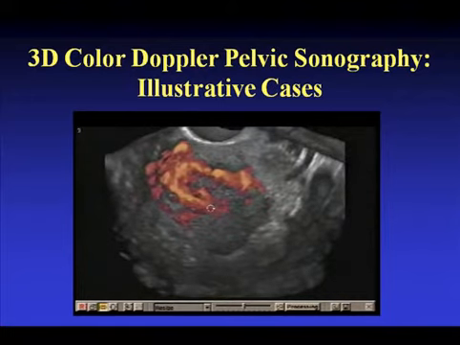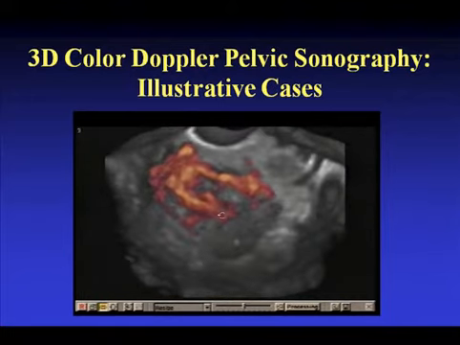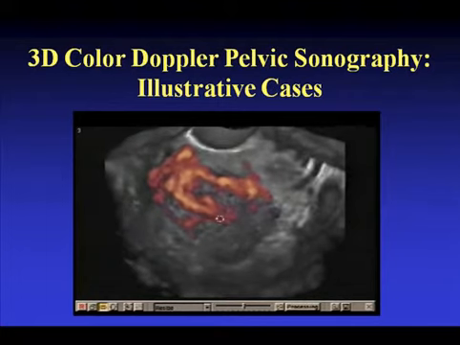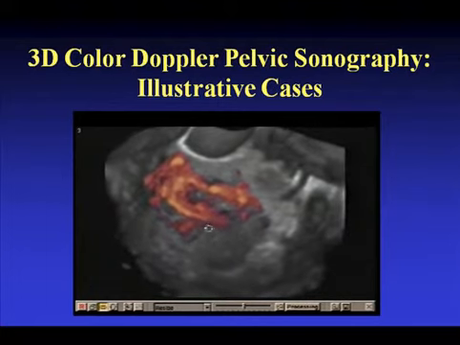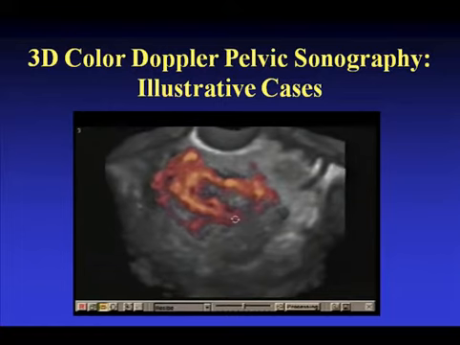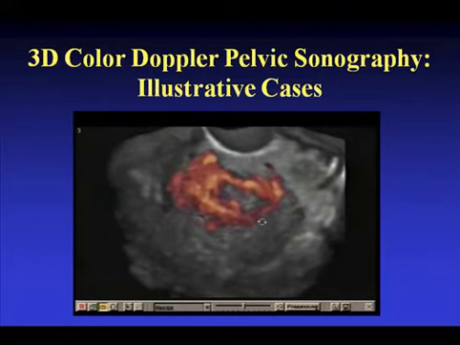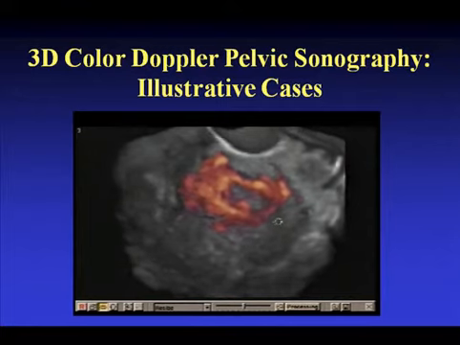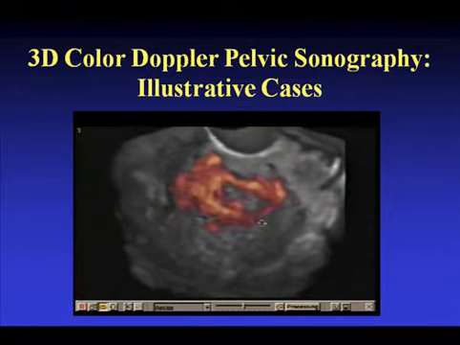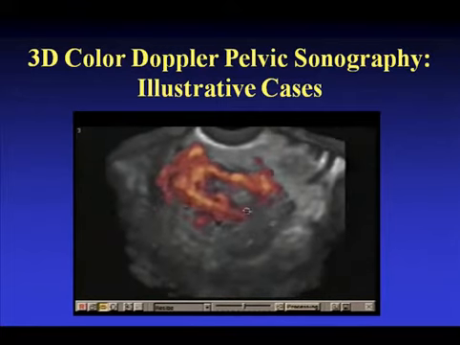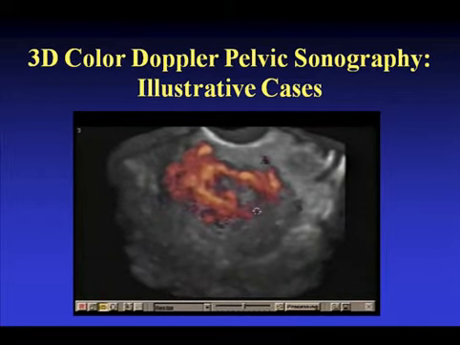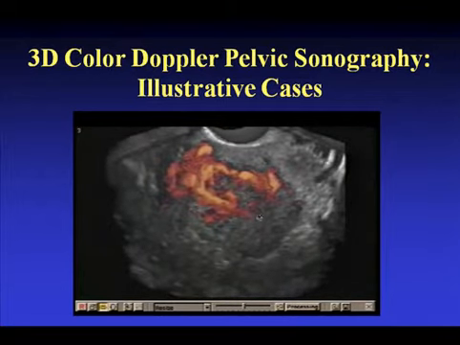We can remove the grayscale and look at the vascular tree. And we can follow many patients that have had uterine fibroid embolization and may have complications after that for the overall vascularity.